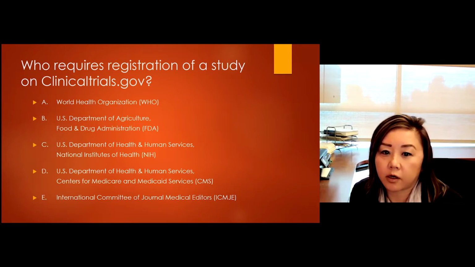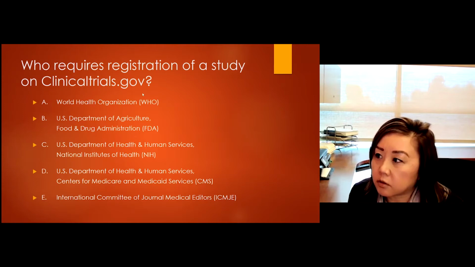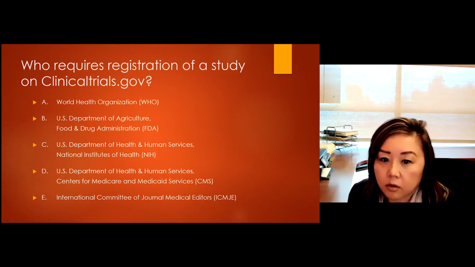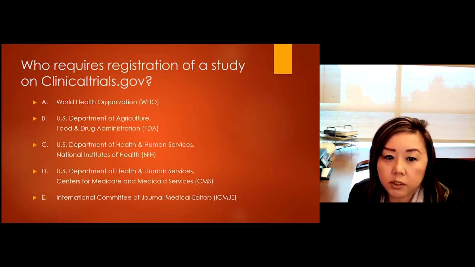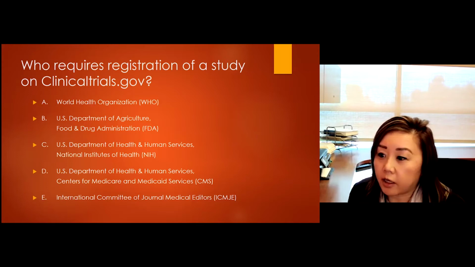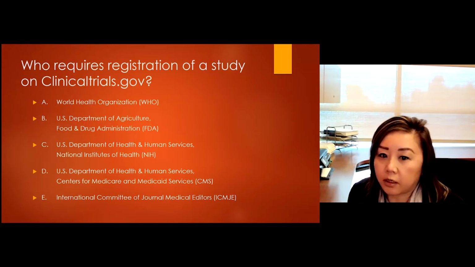We're almost there. Okay, I'm going to end the poll and see what the results are. Do you see the results? I'm not quite seeing it. So what's coming out is 63% for NIH, 29% the FDA, and 8% ICMJE, the International Committee of Medical Journal Editors.